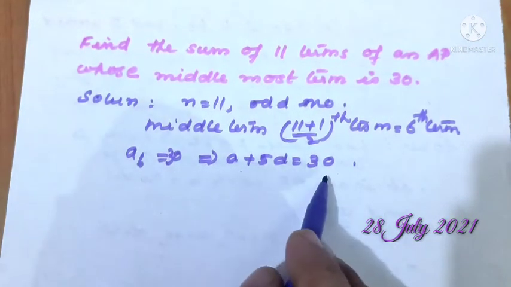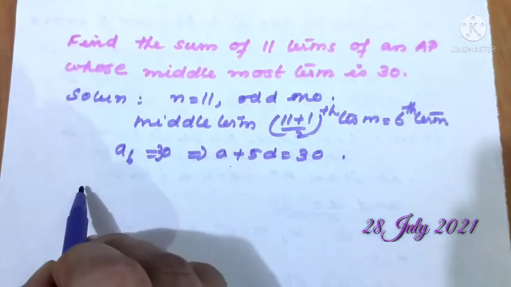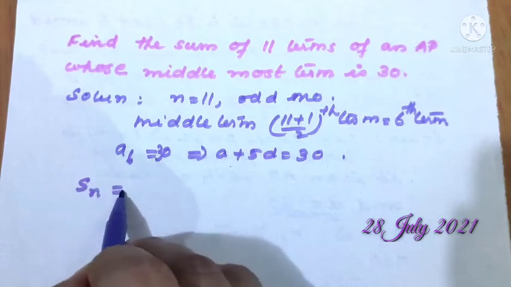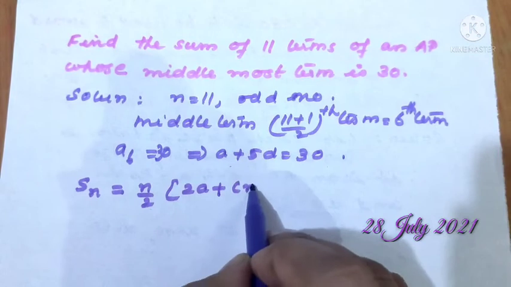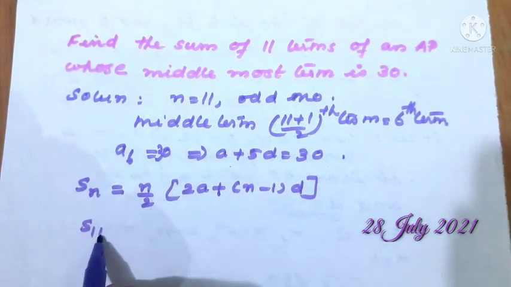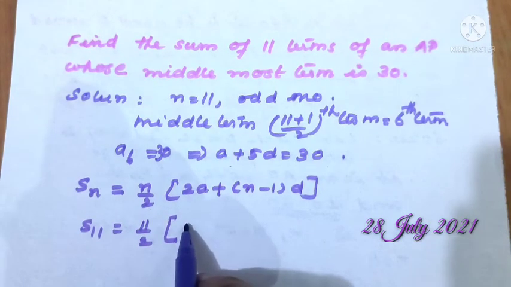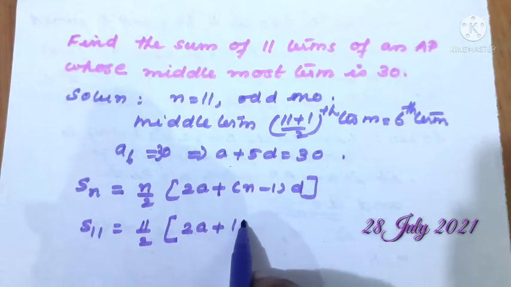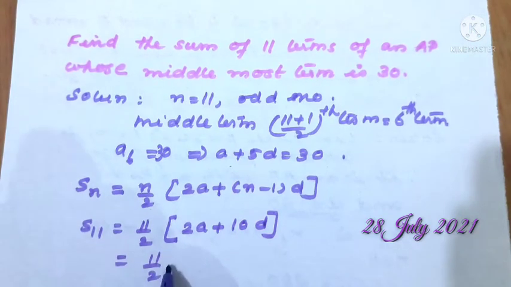We know that A plus 5D is 30. With this we have to find the value. So Sn is the formula first: N by 2 bracket 2A plus N minus 1 into D. So S11 equal to 11 by 2 bracket 2A plus 10D, because N is 11. Now 2 I will take common: 11 by 2 into 2 bracket A plus 5D.